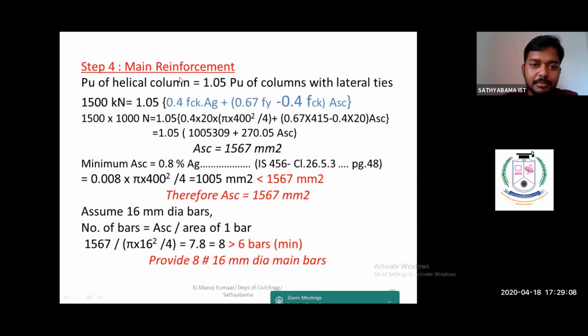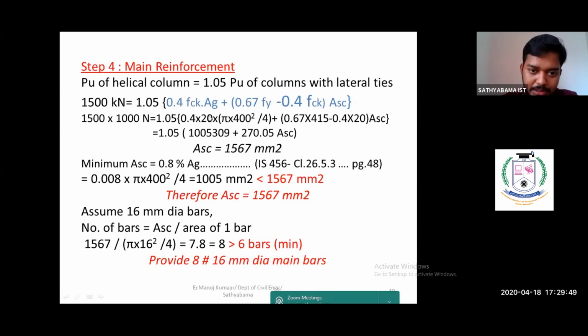Now step number 4 is main reinforcement, and we have discussed that the axial load of a helical column PU will increase by 5% of the axial load of a column with individual lateral ties. So use the same formula and multiply with 1.05. Now PU of the helical column is given as 1500 kilonewton, which is equal to 1.05 into 0.4 FCK into gross area AG plus 0.67 Fy minus 0.4 FCK of ASC. Now substitute everything.